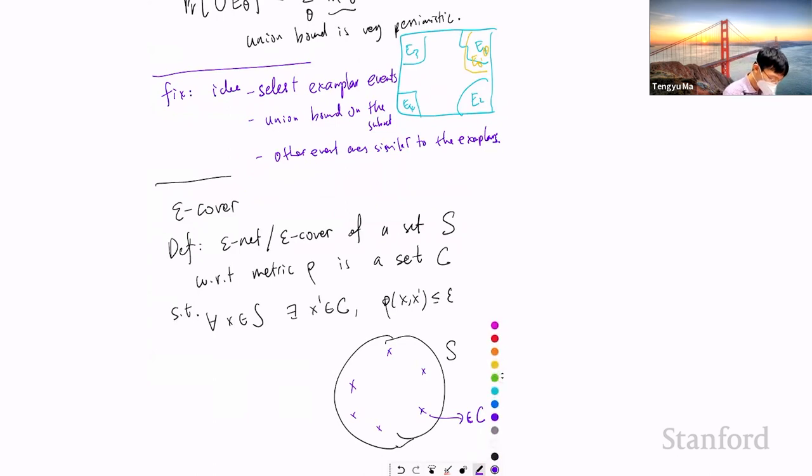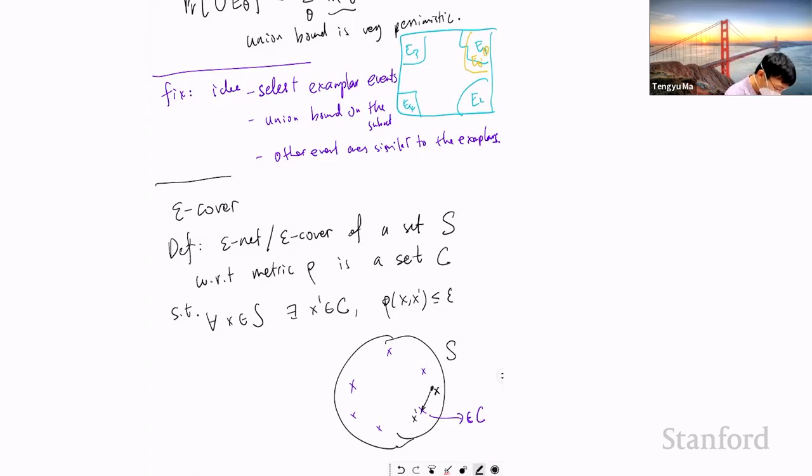For every point X you pick in S, there exists a neighbor in C, let's call it X prime. The purple cross is just indicating a point.